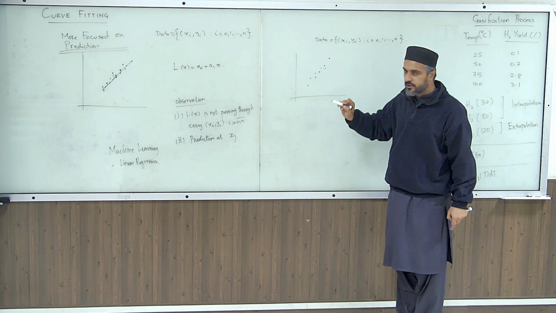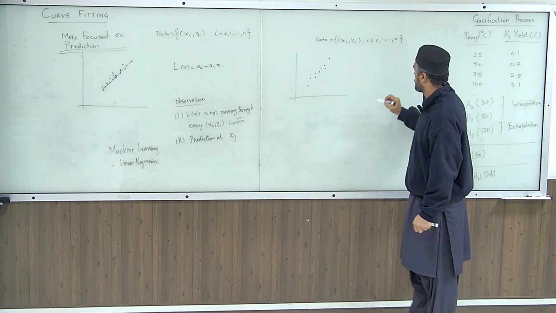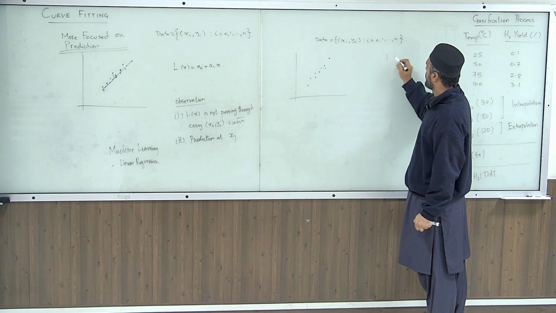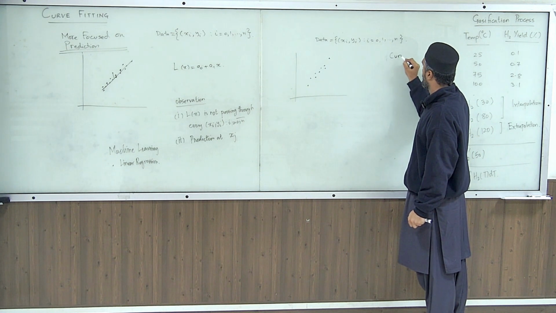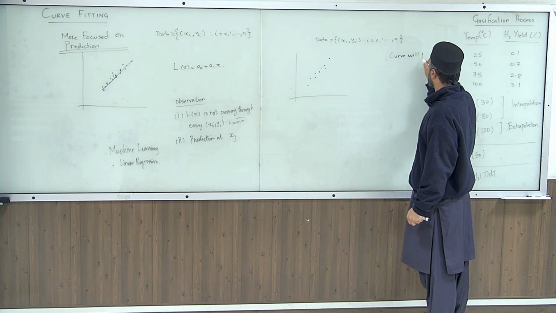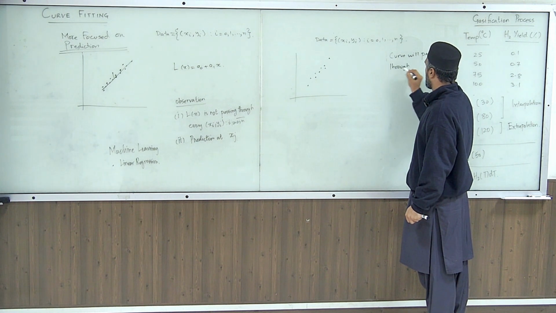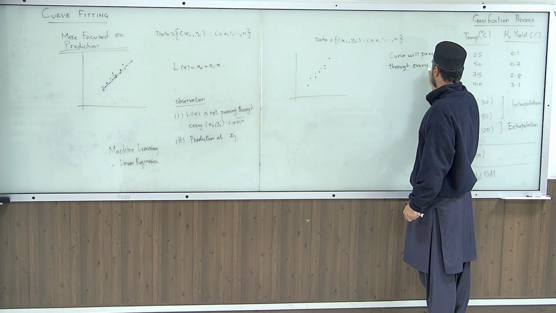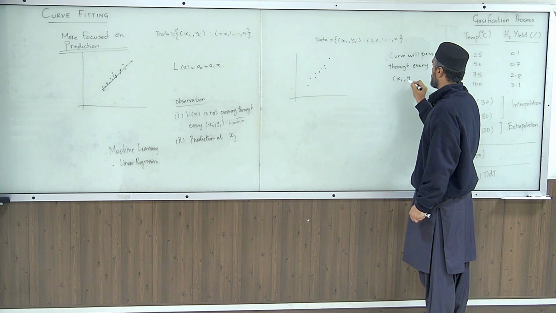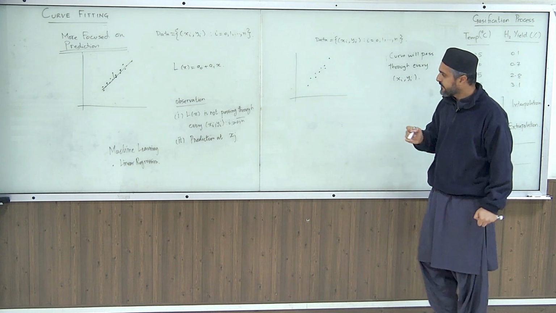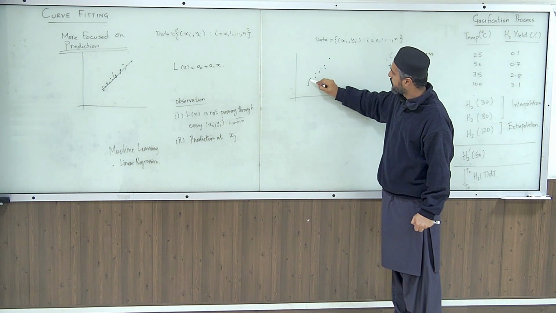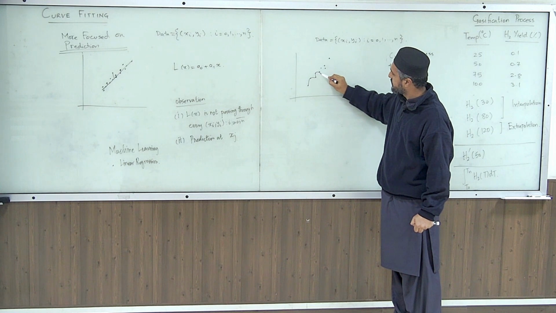And I want my curve to pass through every point in the data, which is xi, yi. If I try to do that, maybe I get such a curve.